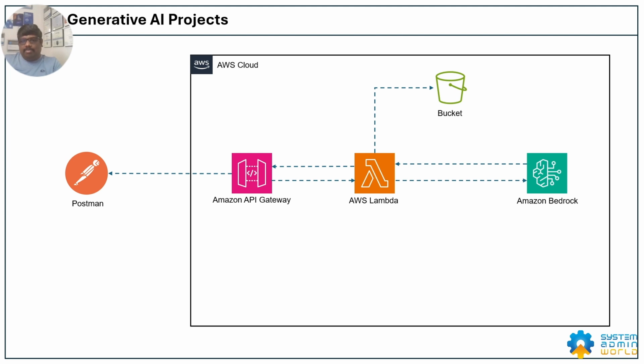We are using Postman as of now to send the POST request to API Gateway with our prompts, and then we'll get the output from the backend Bedrock. So this is the overall small architecture.